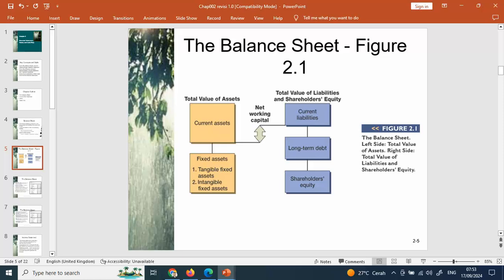And then there are liabilities, current liabilities. Current liabilities are the liabilities which are under 1 year, meaning short-term liabilities. Let's say you buy and you get an invoice, and there is a delay in payment.